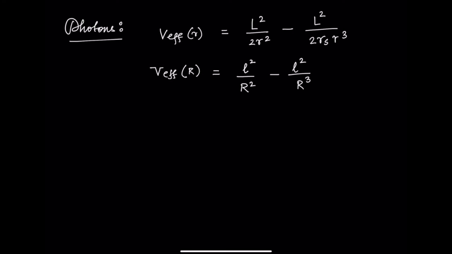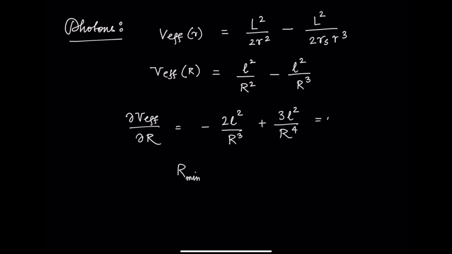If you calculate del V effective by del r and set this to 0 to get the extremum, the extremum will not be a minimum, it will be a maximum.